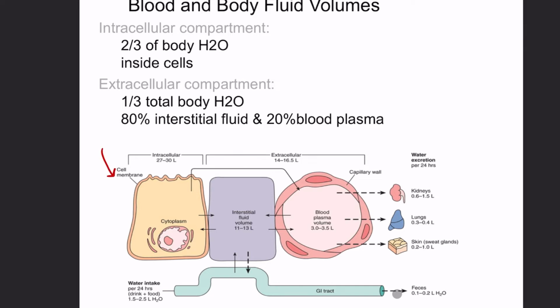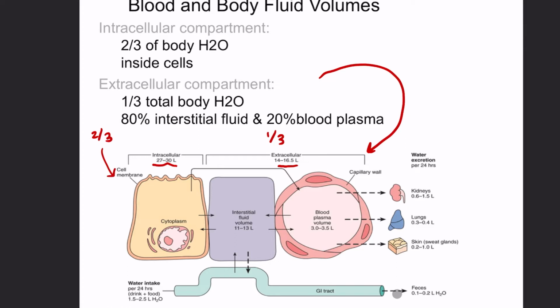And then we have extracellular fluids, which means outside of the cells. Notice that intracellular fluid, just based off of the numbers here, is about 2/3 of body fluid, 2/3 of our body water. Whereas extracellular fluid is about 1/3 of our body's water.